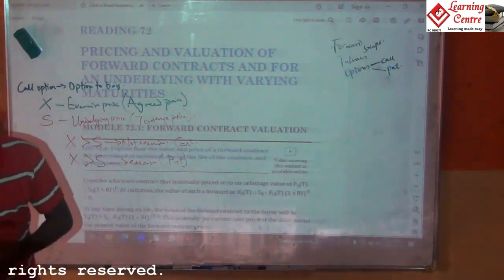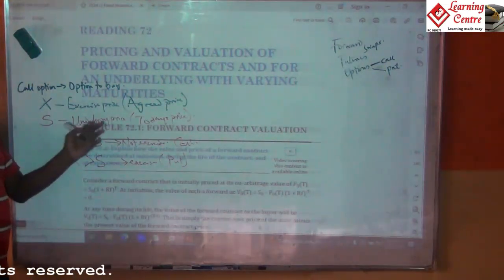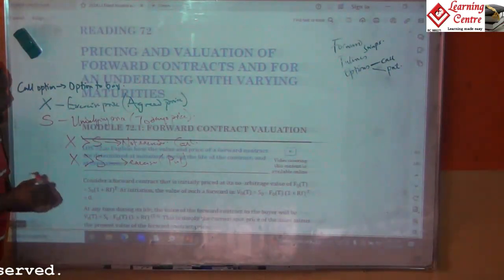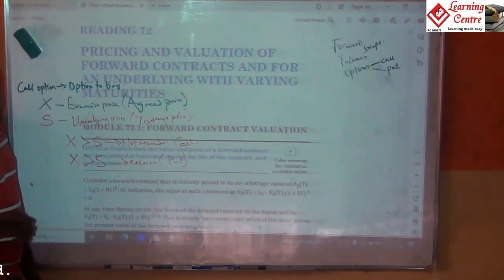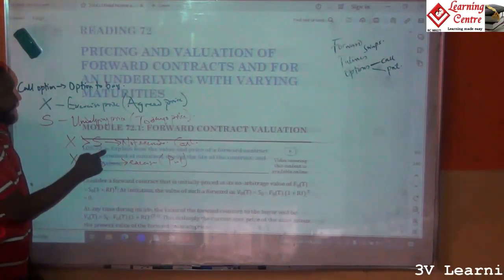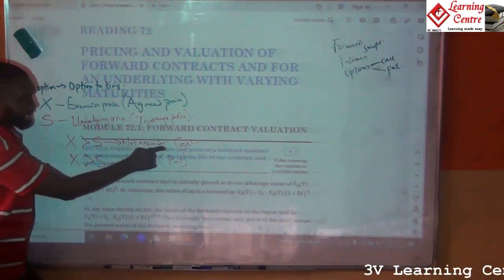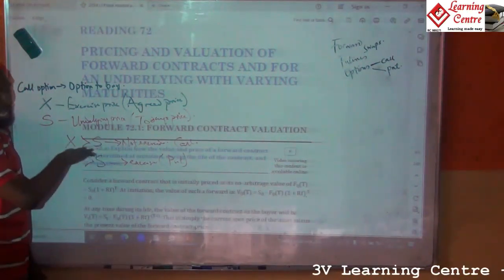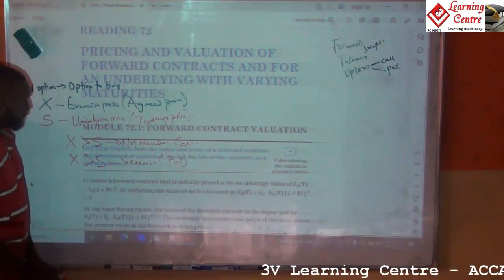Right. So we said, okay, in valuing call and put, this is not the only thing we look at. For the call, we said if the exercise price is greater than the underlying price, don't exercise. Meaning the call has no value for you, zero value.